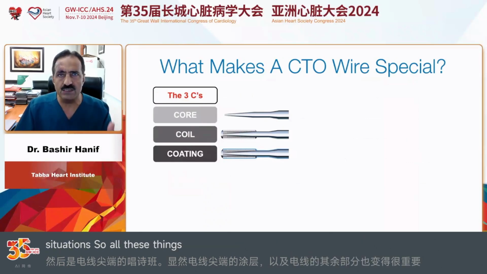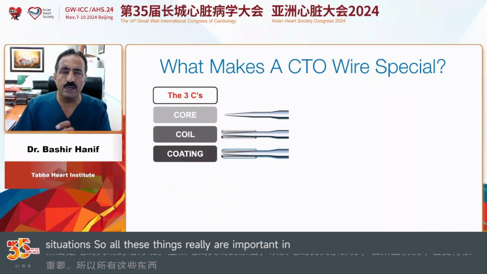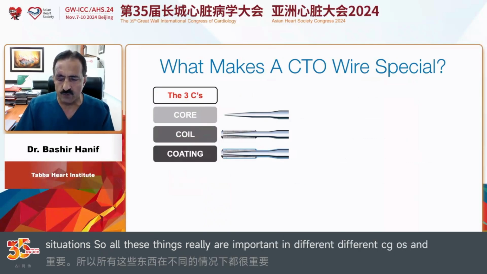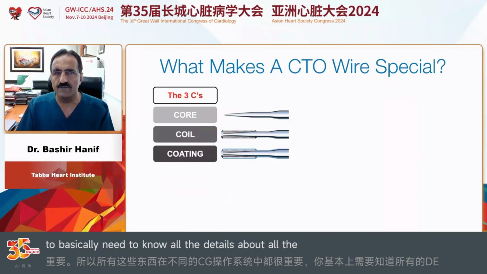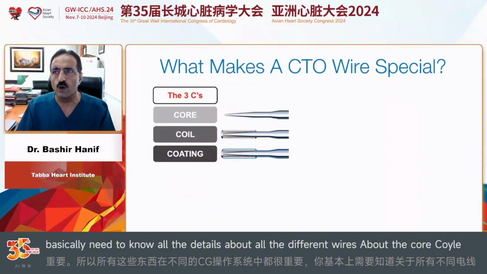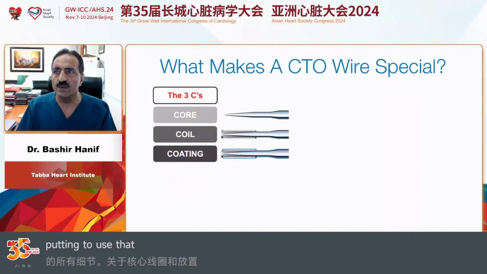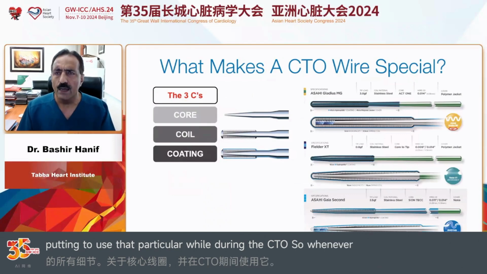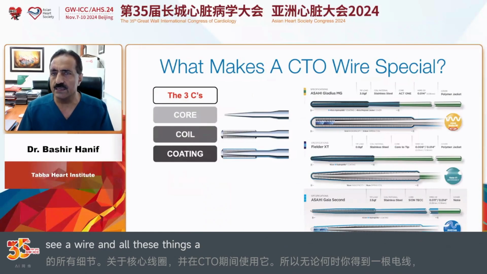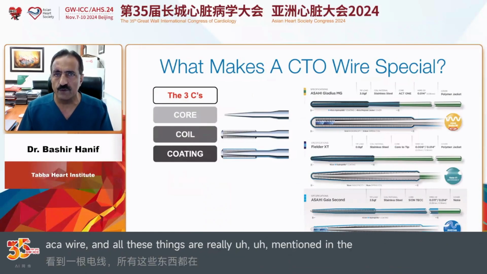All these things are important in different CTOs, and you need to know all the details about the core, coil, and coating to use that particular wire during the CTO. Whenever you get or see a wire, all these things are mentioned in the brochures of the wires.